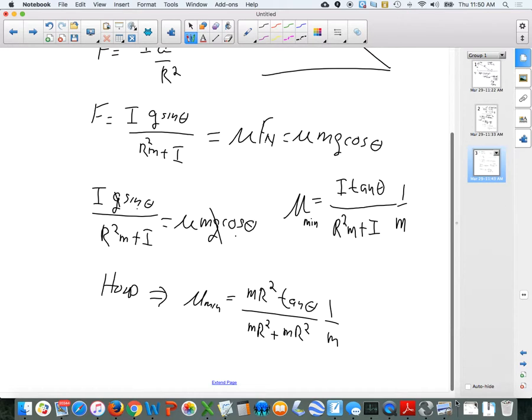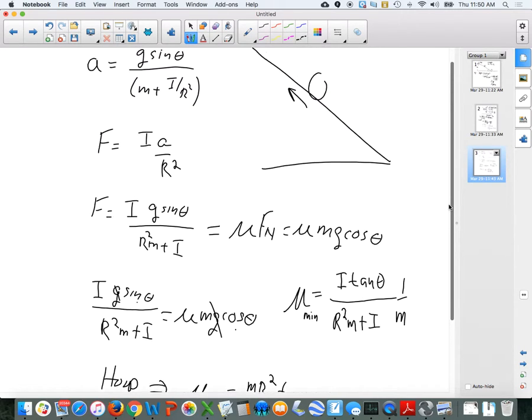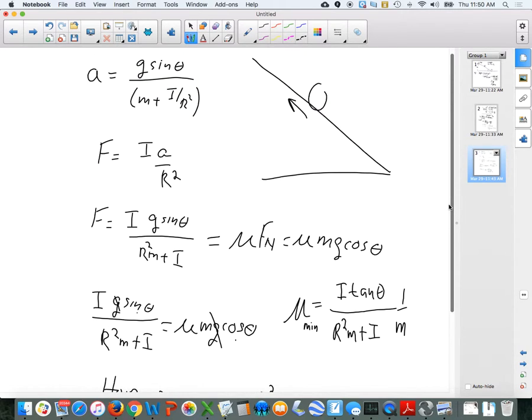Oh, you mean I see it on M squared. Isn't acceleration mg sine theta over m plus I over r squared? At the very top, you said it was just g sine theta. No, mg sine theta is the force, mass times.